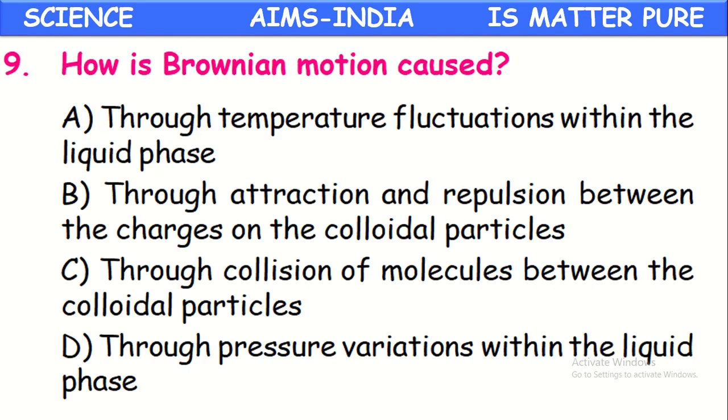How is Brownian motion caused? When molecules collide with each other, this Brownian motion is observed. So through the collision of molecules with the colloidal particles, Brownian motion is caused.